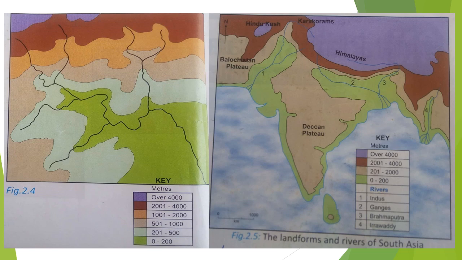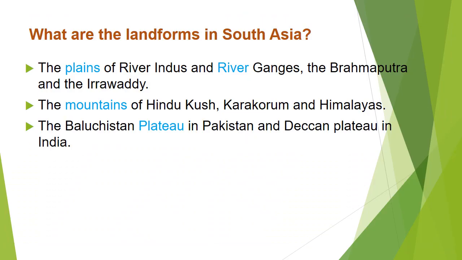So here you can see different colors representing different landforms of South Asia. These are the landforms in South Asia, as we have discussed in our previous slide.